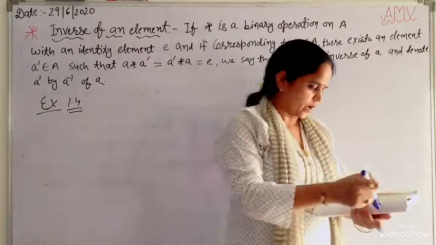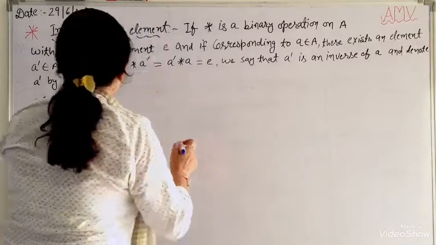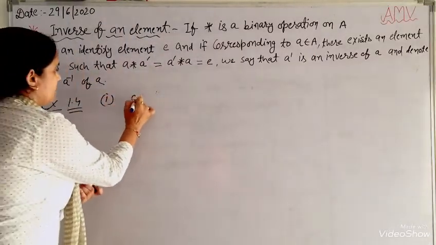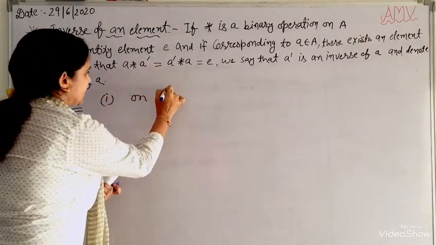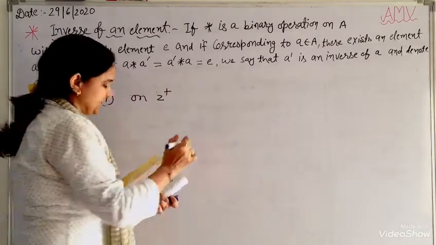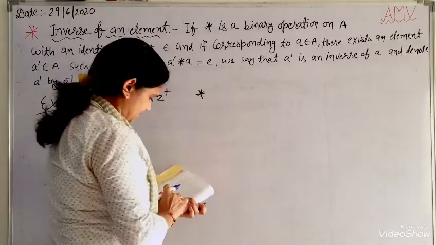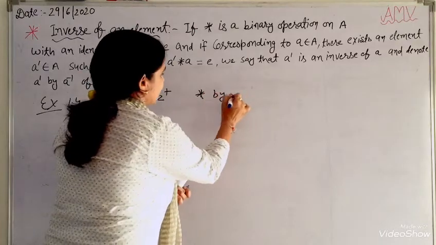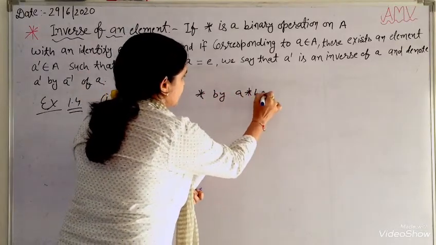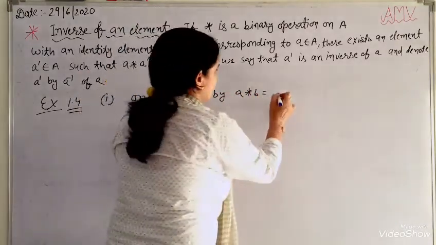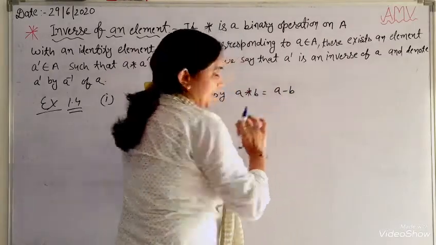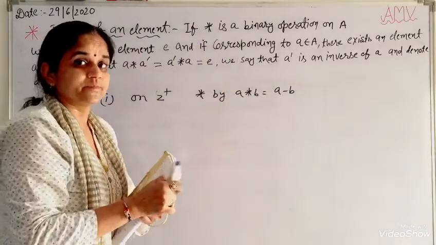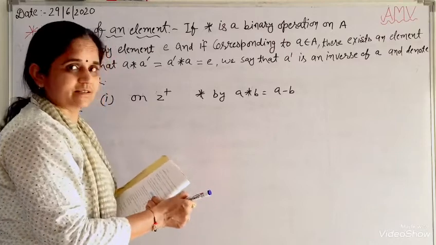First is on Z plus. Star is defined here, student, by a star b is equal to a minus b. Is it binary or not? What do you think about this?